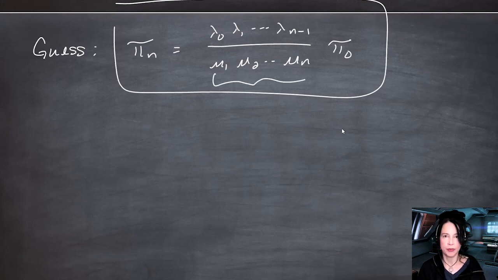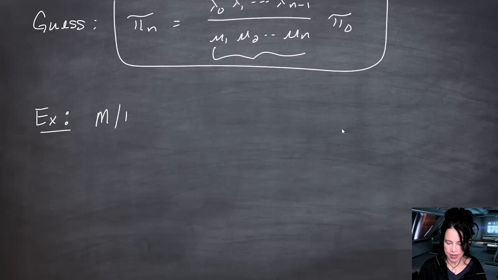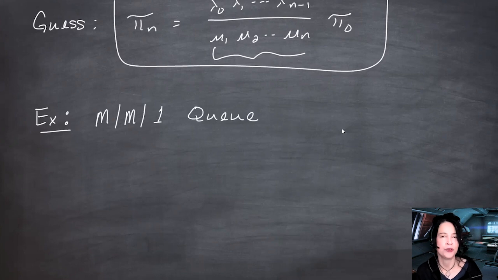Let's do an example. This is the example I did at the very end, and I did it completely out of context, so I'd like to give a little more context right now. This is something known as an M/M/1 queue. We're just starting to get into queuing. Queuing is the science of waiting in line.